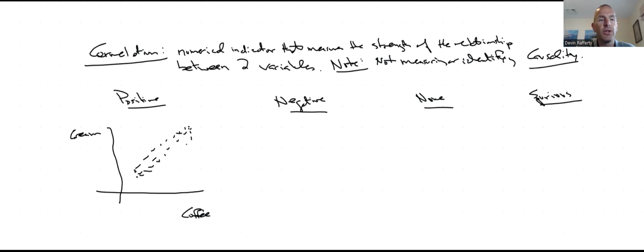There's a positive correlation. As one goes up, the other goes up. So as the consumption of coffee goes up, the consumption of cream goes up. As people eat more spaghetti, they tend to want to eat more meatballs. And, you know, things like that, right? A positive correlation, two things that tend to seem to go together.